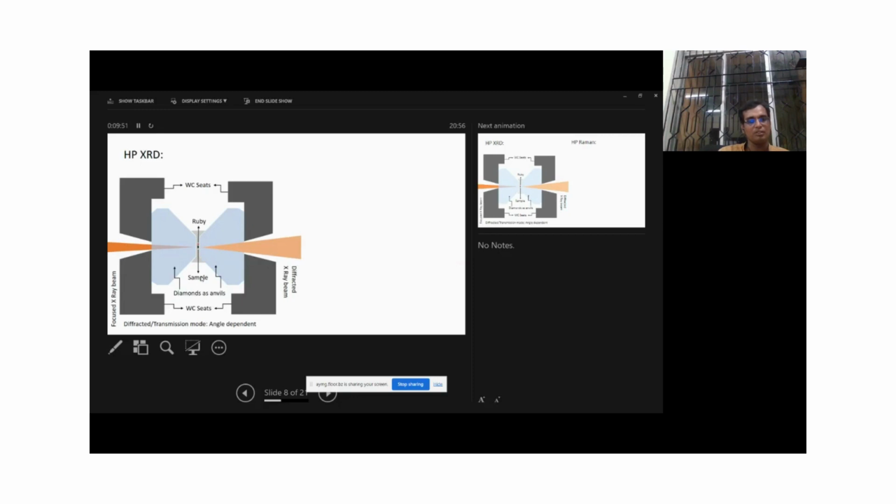One is our sample, which should be examined, whereas the other, a red dot, is a ruby with a small amount of Cr3+ ions, which is used as a pressure calibrant. Because we are applying some load externally, we have to know the pressure exactly on the sample. For that, we are using the ruby. We will discuss the ruby calibration.